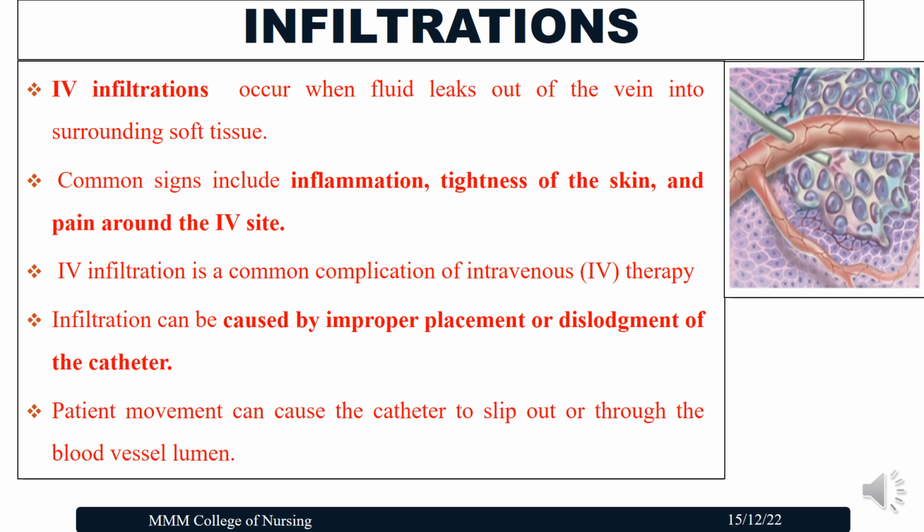IV infiltration is a common complication of intravenous therapy. It can be caused by improper placement or dislodgement of the catheter, so the fluid given to the patient leaks out from the vein into the surrounding soft tissues. Patient movement can cause the catheter to slip out of or through the blood vessel lumen so that the fluids leak into the surrounding tissues. That is infiltration.